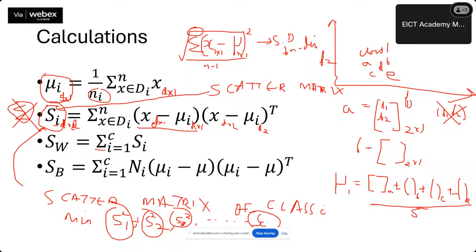I say I minimize the sum of all of them, because each one of them will be minimum when the sum is minimum. And that's why you see that what I've done over here is that I say it's the sum of all scatter matrices, and all, I mean all classes.